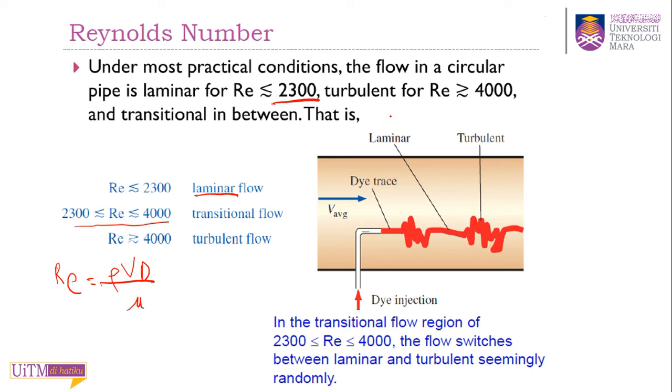So you need to remember this. The critical Reynolds number is 2300. Below this is laminar, beyond 4000 is turbulent, and between these numbers is what we call transition.